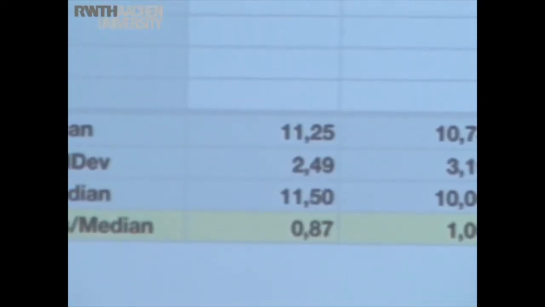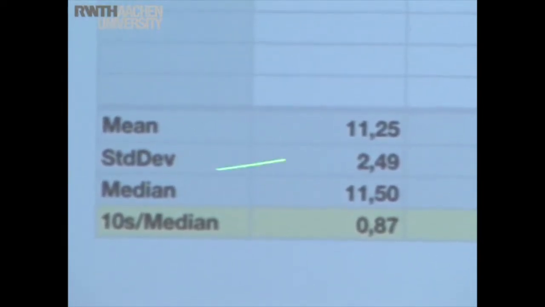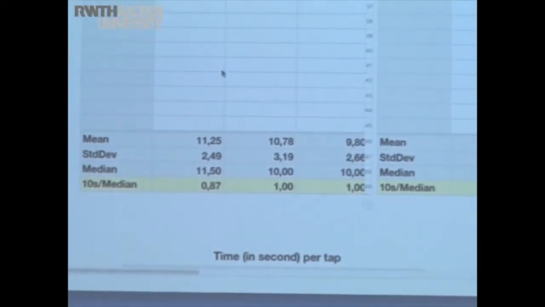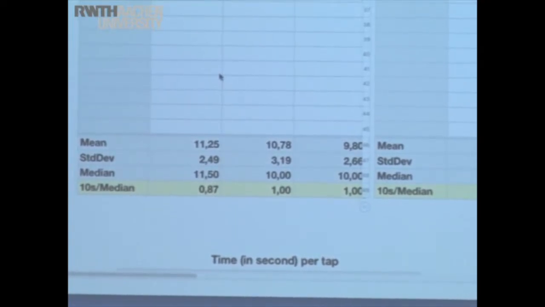If we look at the median there, if we take a look at the numbers here, the mean taps per task, what is something that you see? And also, when you look at your own sheet, what happens when I'm increasing the distance? I get the same results for all.